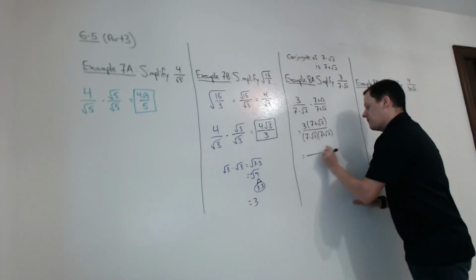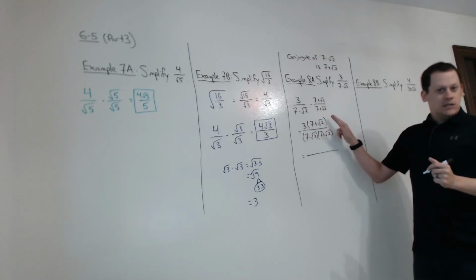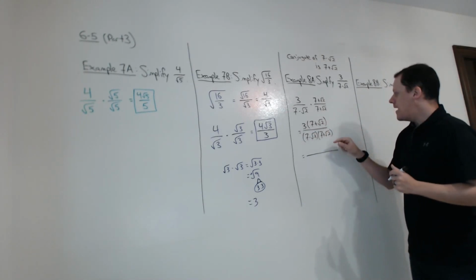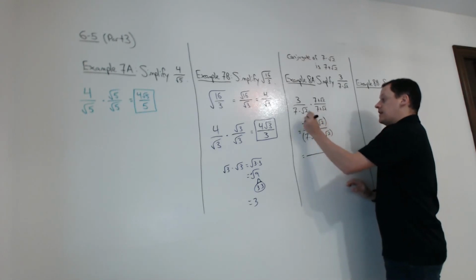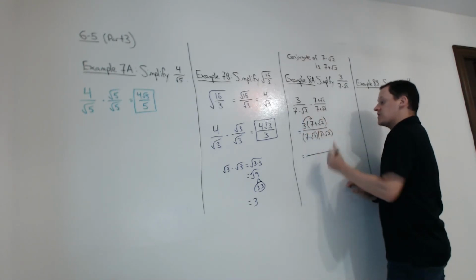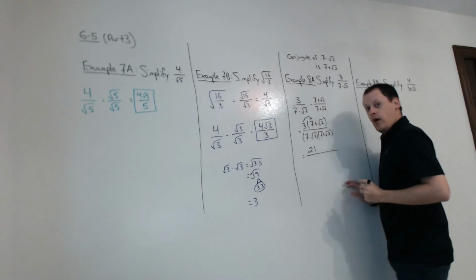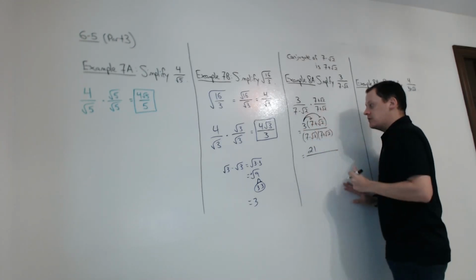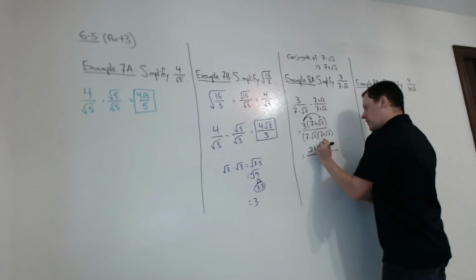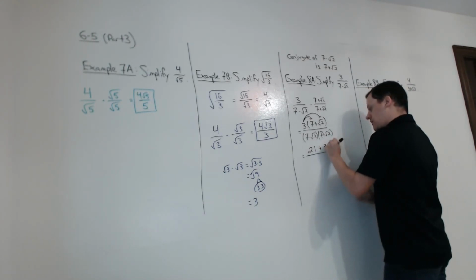This is still going to be a fraction. Let's just deal with the numerator first. What's on top? We're going to want to distribute this 3 into both of these terms. So 3 times 7, 21. 3 times the square root of 2, smush. That's going to be positive 3 square root of 2.